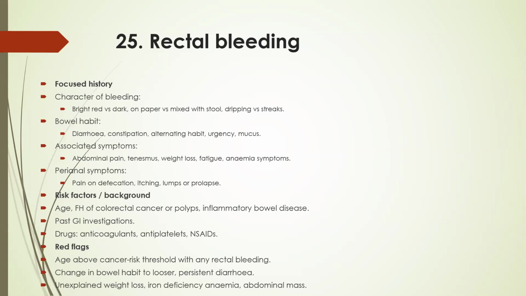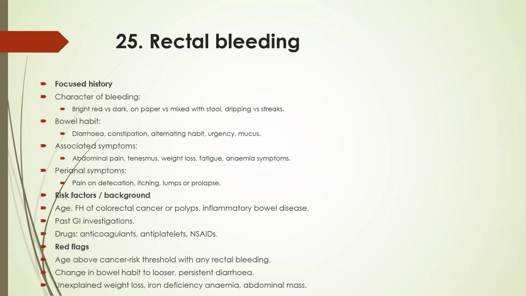Other rectal bleeding can be due to chronic diseases like ulcerative colitis, and if there is dysentery, you need to go through all of that. Like recent travel, whether you have had unboiled water from a stream, or what else. Associated factors will be like fever, weight loss, and fatigue. Perineal symptoms will be itching and pain on defecation.